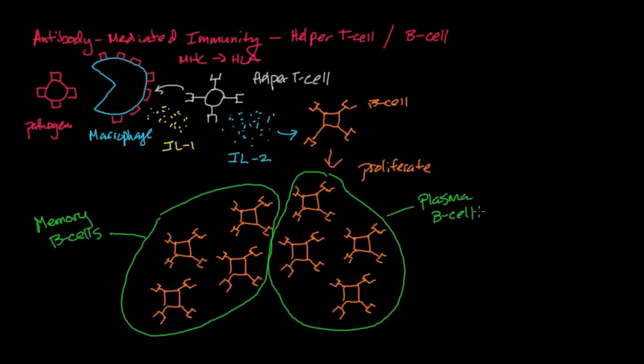Now, plasma B cells are going to make something called an antibody, and antibodies are proteins. These antibodies are going to be Y-shaped structures. Let me use green. Y-shaped proteins. At the ends of these antibodies are antigen binding sites, and these sites have a specific shape for a specific antigen.